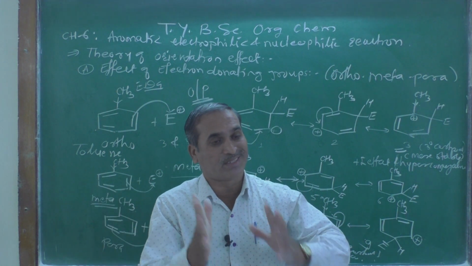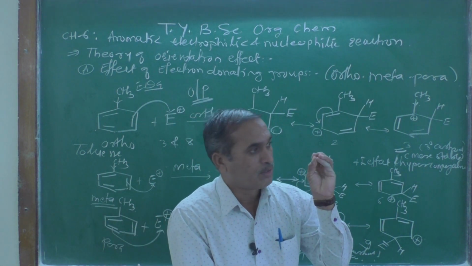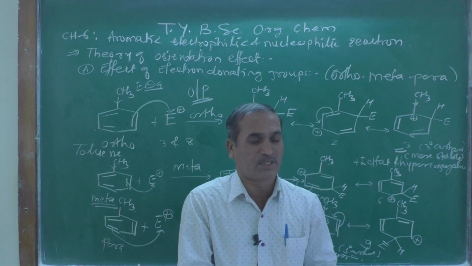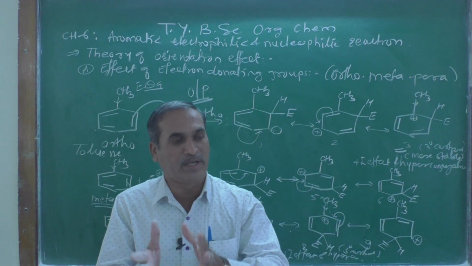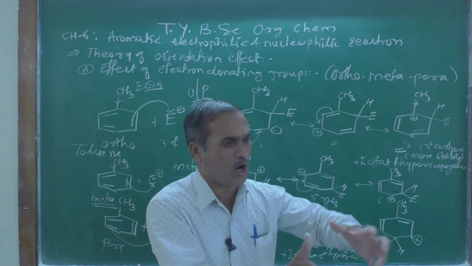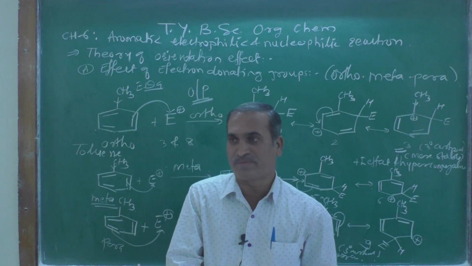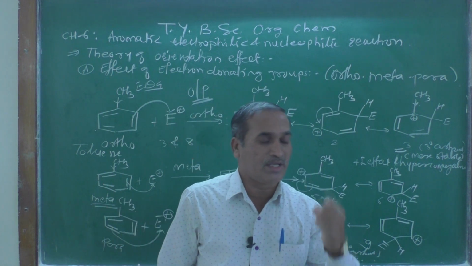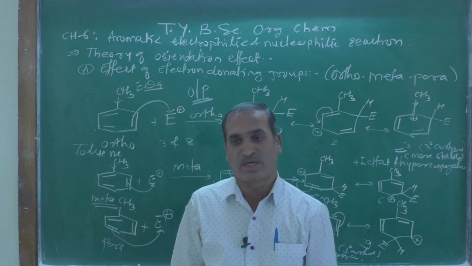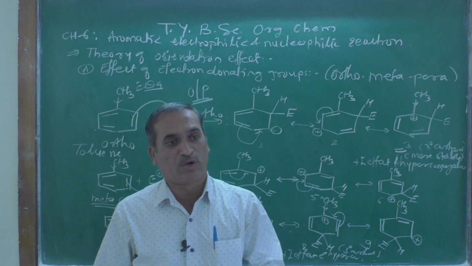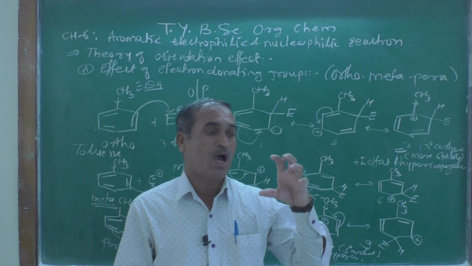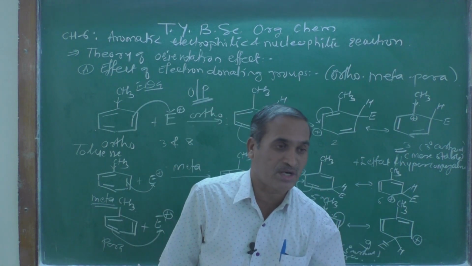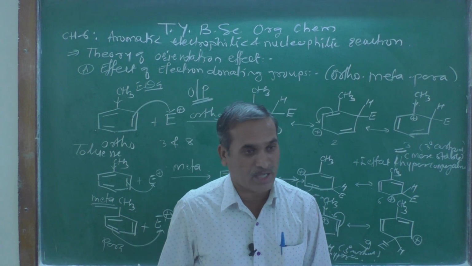That will decide the predominant, or prominent, product. If the substituent is a small group like an alkyl group, which exerts a plus I inductive effect, in such cases the ortho product can be major as compared to the para product.